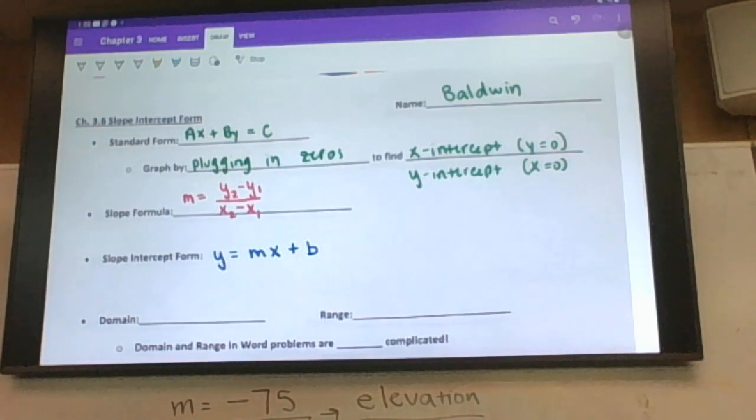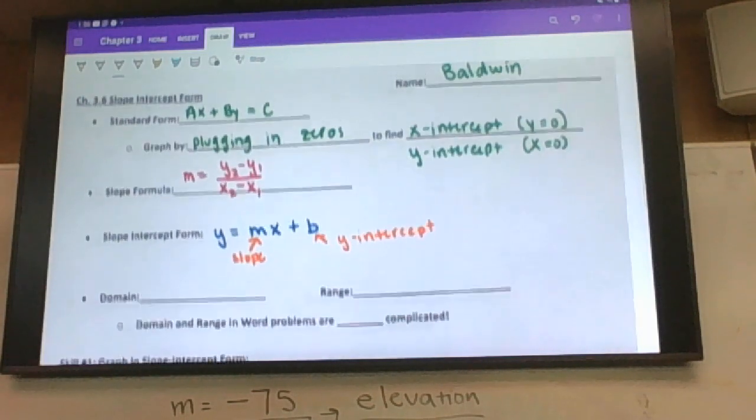So slope-intercept form is y equals mx plus b, where m is the slope and b is the y-intercept.